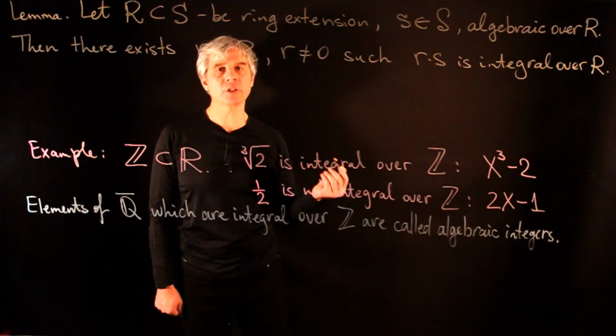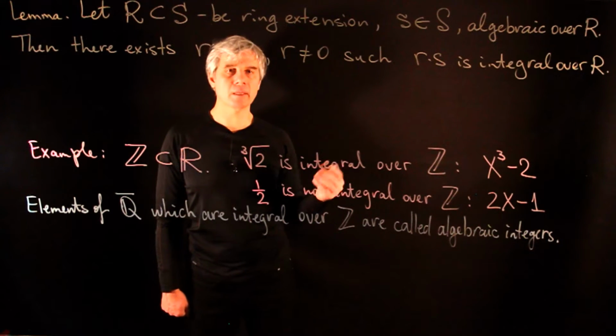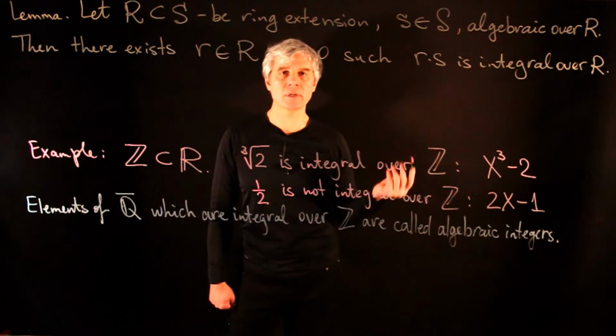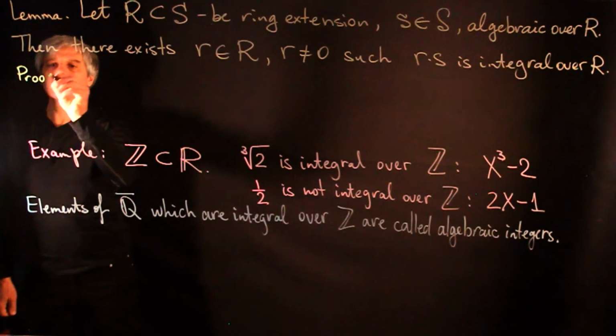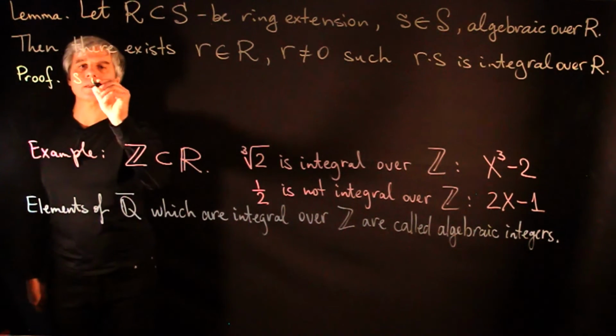So if we have a fraction, then we can multiply it by its denominator, and the result will be an integer.